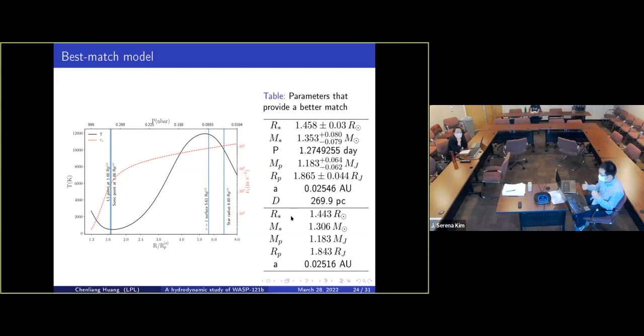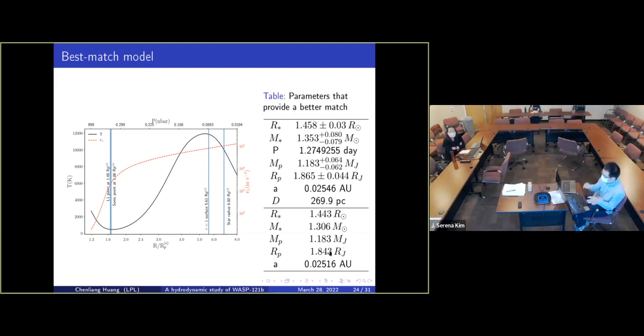That's directly observed from the transit depth, and we keep the period constant, and the ratio of star radius to the semi-major axis constant. That's the duration of the transit, and then we keep the planet mass unchanged.